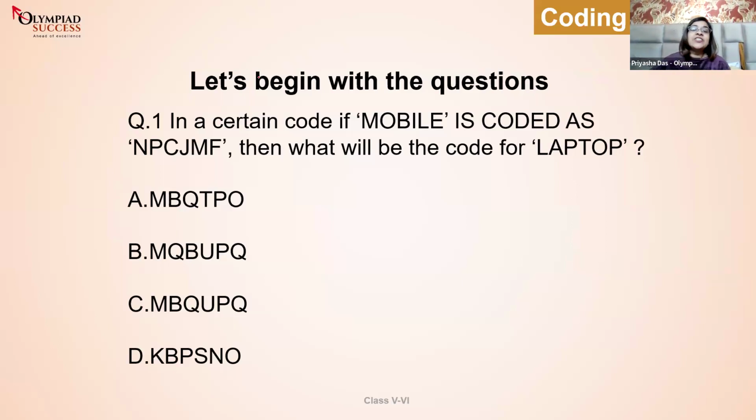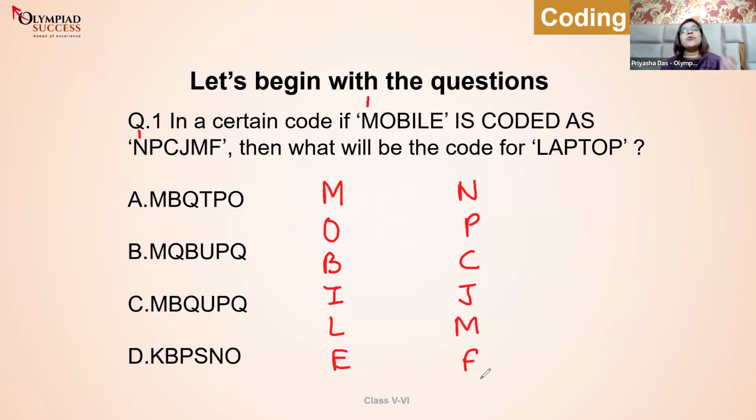Let's get started. So over here we see there's a very bound one-step rule. The first letter is going to be related to the first letter over here. So the first letter for mobile is M, and for this weird code is N. O, P, B, C, I, J, L, M, E, and F. Now, you know what?